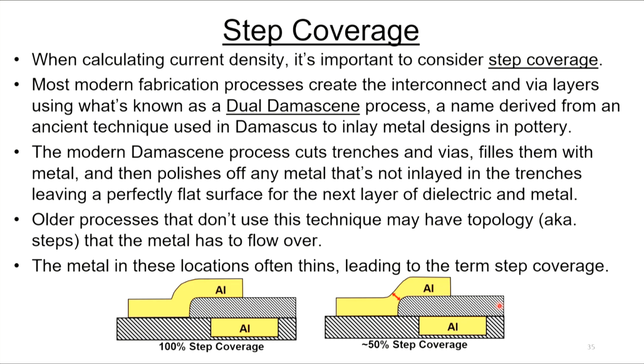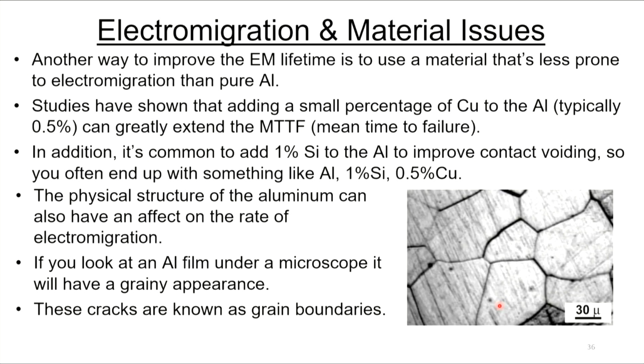Very common. So another way to improve the EM lifetime is to use a material that's less prone to electromigration than just pure aluminum. Studies have shown that adding a very small percentage of copper to the aluminum, and we're talking something small like 0.5%, can greatly extend the mean time to failure of the metal lines.